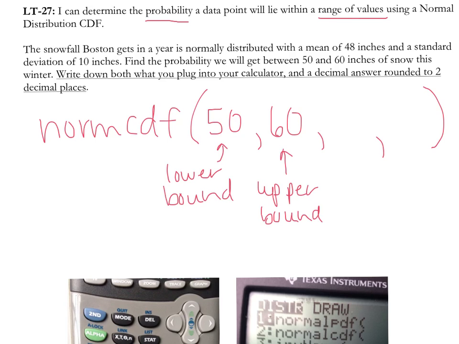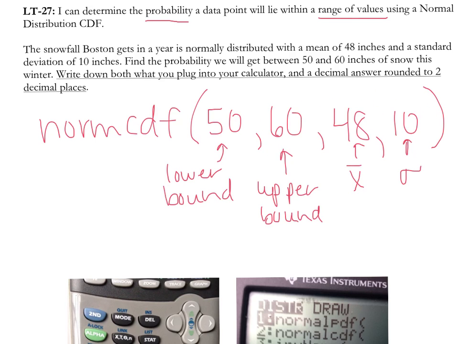The third number will be your mean, so in this case 48. And then the last number will be your standard deviation, so in this case 10. So the normal CDF requires you to input 4 things into the function. You need to first input the lower bound of the range of values, the upper bound of the range of values, the mean, then the standard deviation.